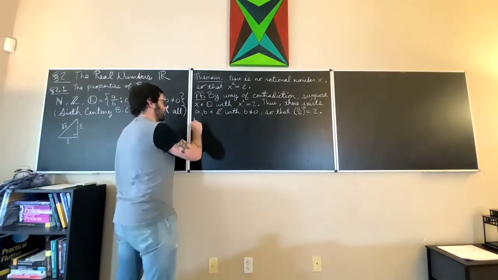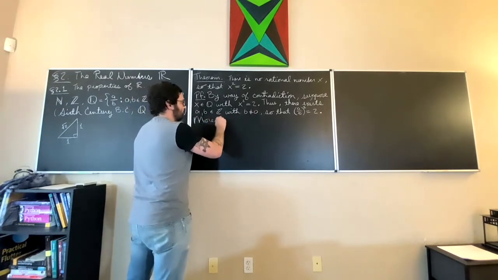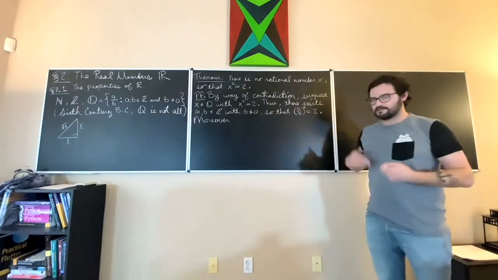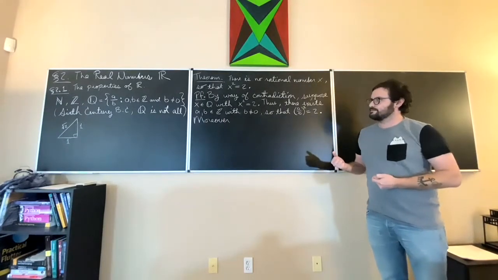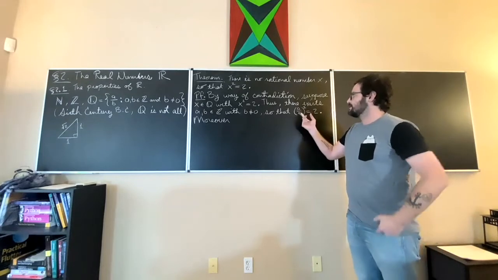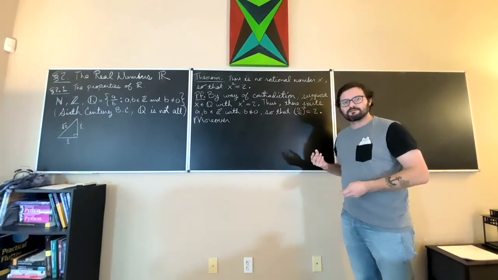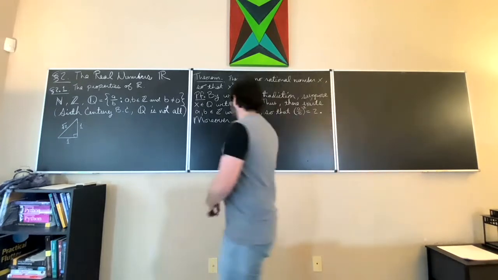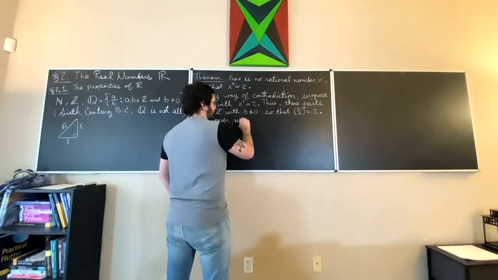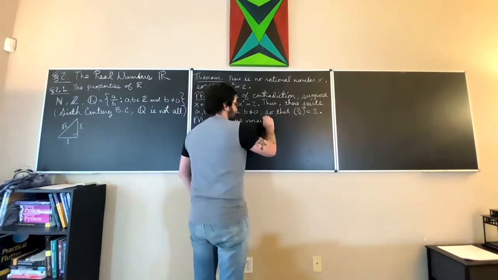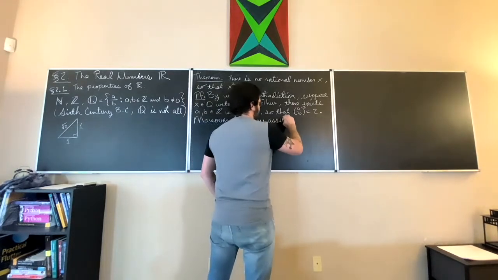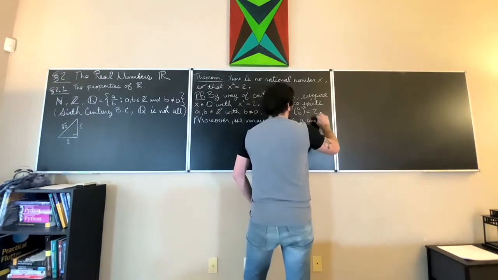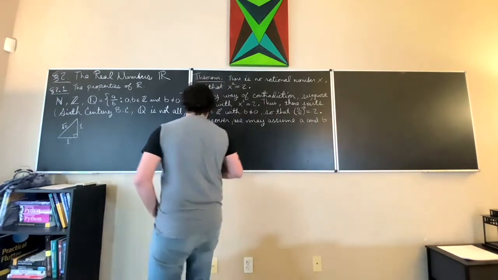Moreover, we may assume that a over b is in its lowest terms. In particular, we may assume that a and b share no common factors, since otherwise we could just reduce and simplify the fraction.